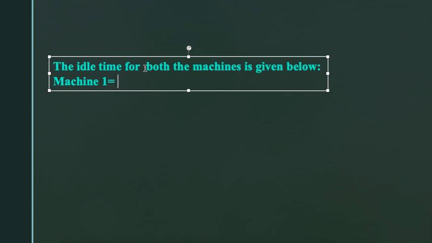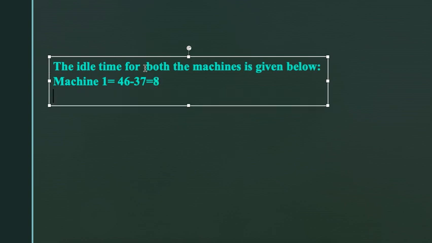It is 46 minus 37. 46 minus 37 is equal to 8 hours. And for machine 2 it is equal to 1 minus 0, right? Is equal to how much? It is 1 hour, right?